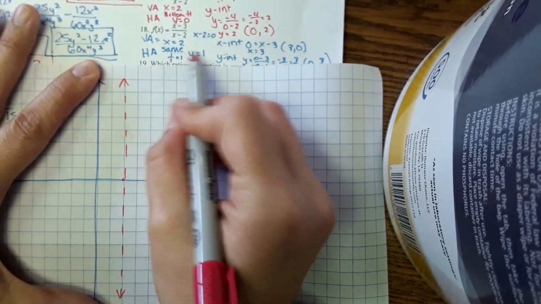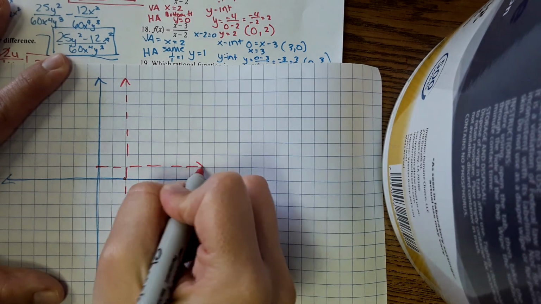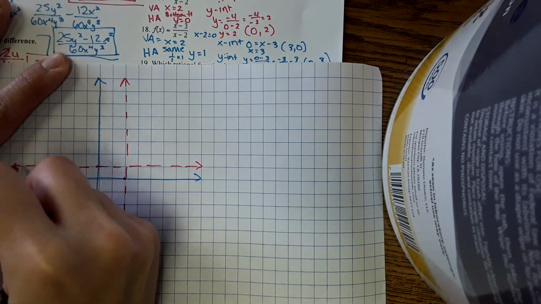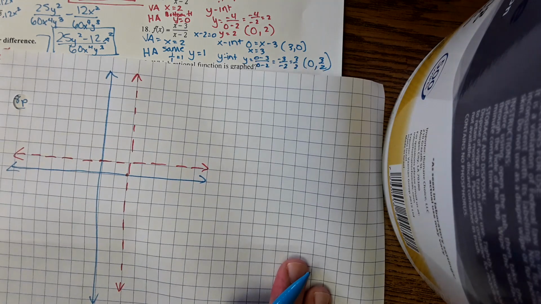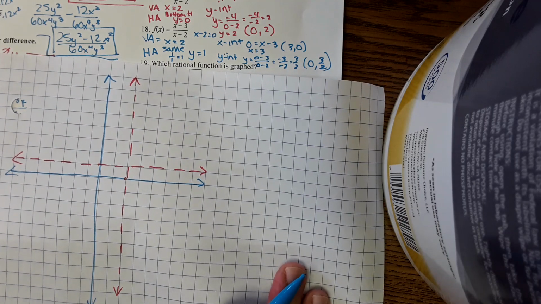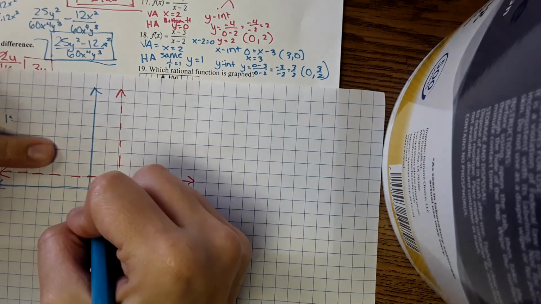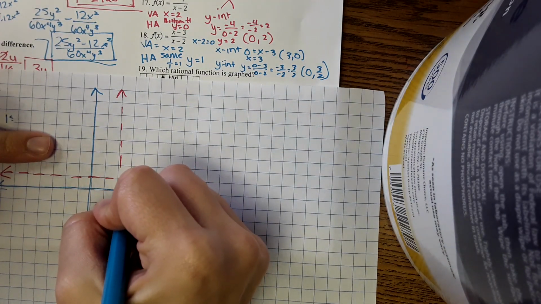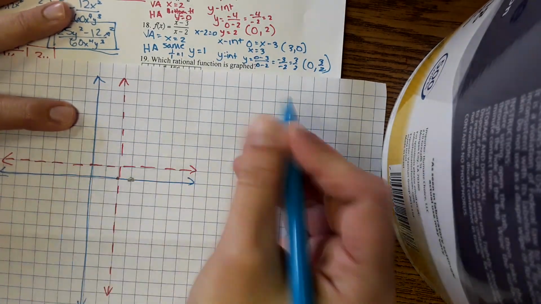The horizontal asymptote is at y equals 1, so right here. And then the x-intercept is at (3, 0), which would be right here. The y-intercept is at (0, 3/2), 3 halves being 1.5.